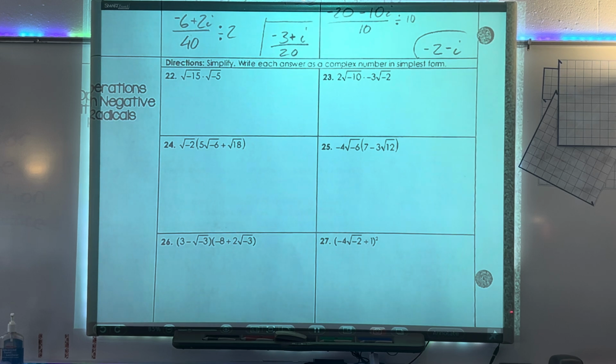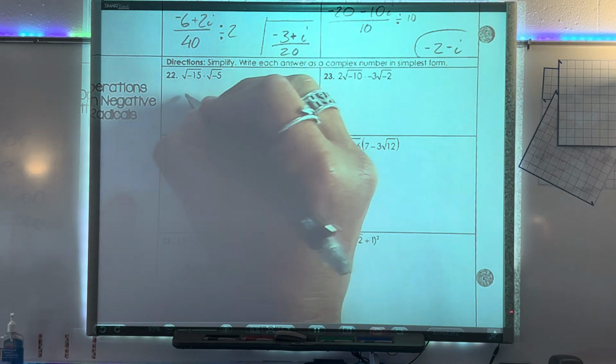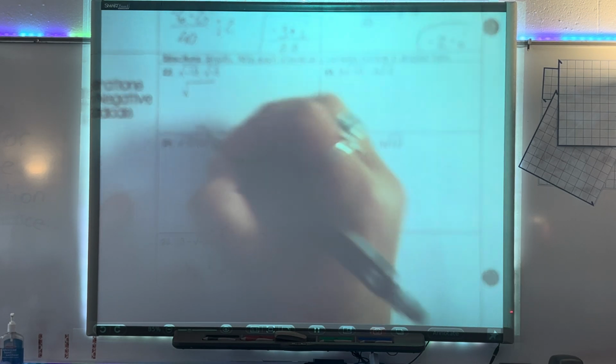Alright, so yesterday when we looked at radicals, the easiest way to deal with things was to multiply them together first, then simplify the radical. I still believe that's the best way to do it. So if I multiply -15 times a -5, I'm gonna get positive 75. So square root of 75.